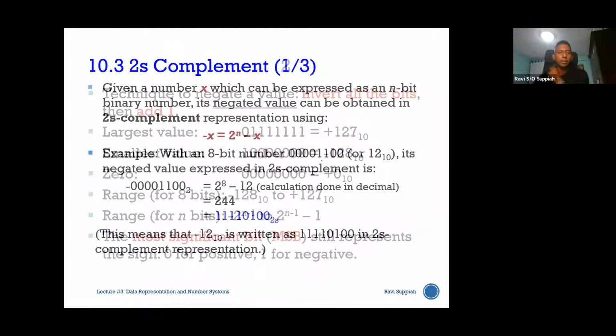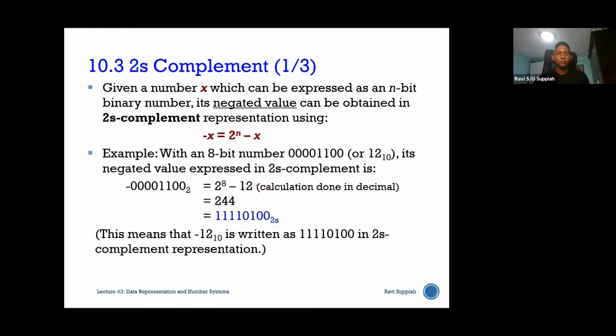Okay, so let me come back here. For 12, the binary representation of positive 12 is 00001100. But now I want to do negative 12 in 2's complement. The first step is I do 1's complement, which is 11110011. Then I add a 1.